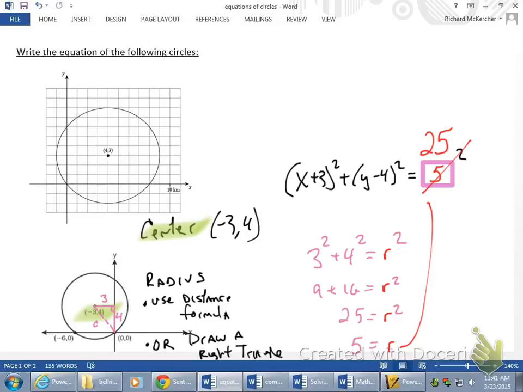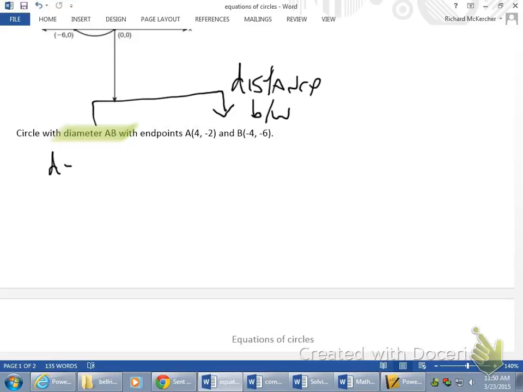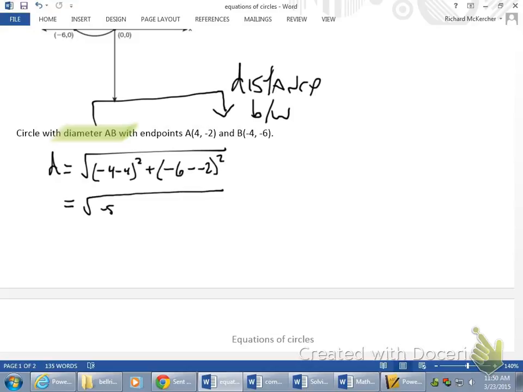Finally, the last problem is one with no graph at all. And I'm looking in this situation at points A and B. Now this gives me the diameter, okay? And what I need to know is I need to find the distance between those 2 points. If I know my diameter, then I can easily find the radius. So I'm going to use the distance formula to find the distance between those 2 points.